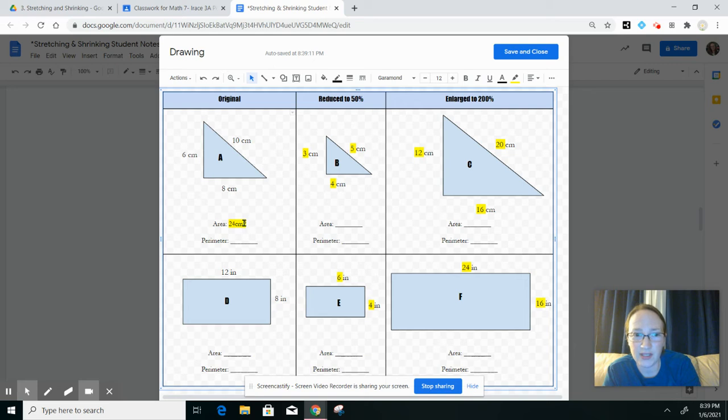I'm going to be fancy and do the exponent work here. I'm not sure how easy it is to do an exponent if you don't know the shortcut key to do it. So I will share with you what I just did.